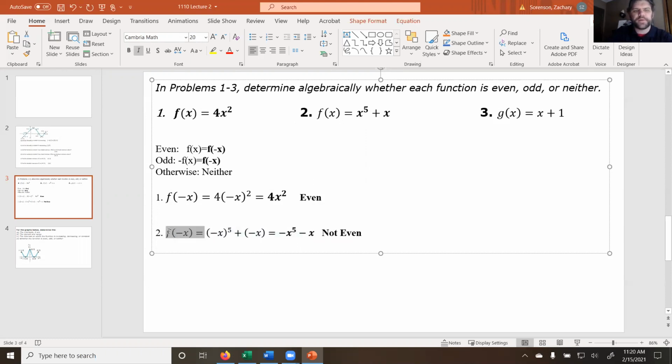So my next thing is to find negative f of x. How do I find negative f of x?